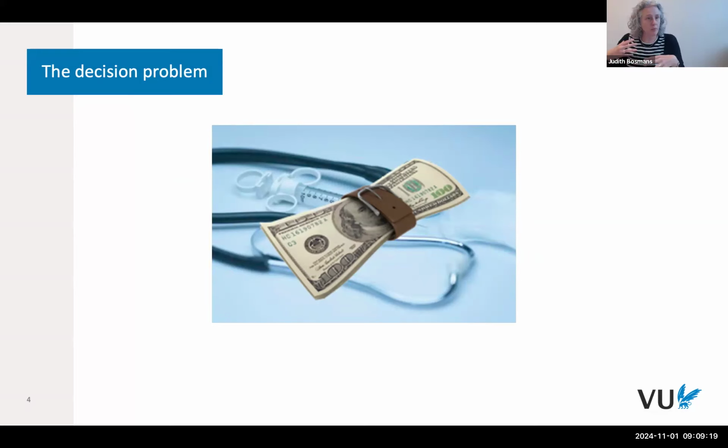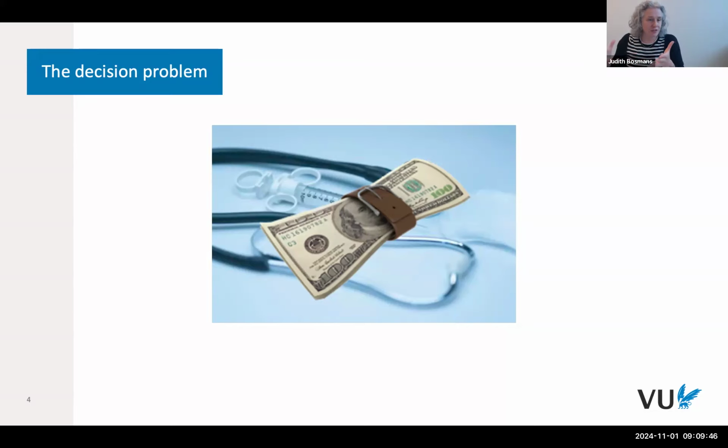But there are also more and more new health technologies coming into the healthcare market. You can think about treatment possibilities like new expensive drugs, or maybe surgical robots, new ways to diagnose health conditions like advanced MRI scans or PET scans. So there are all kinds of new health technologies coming into the market.